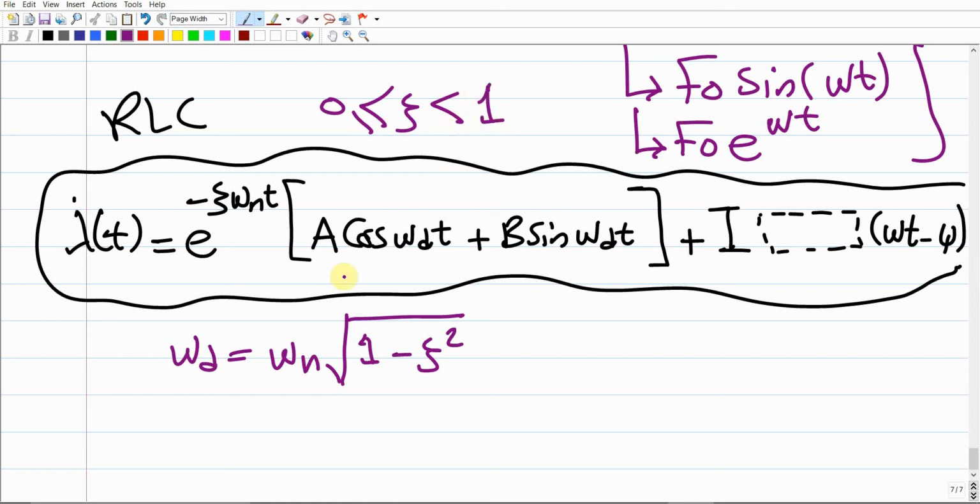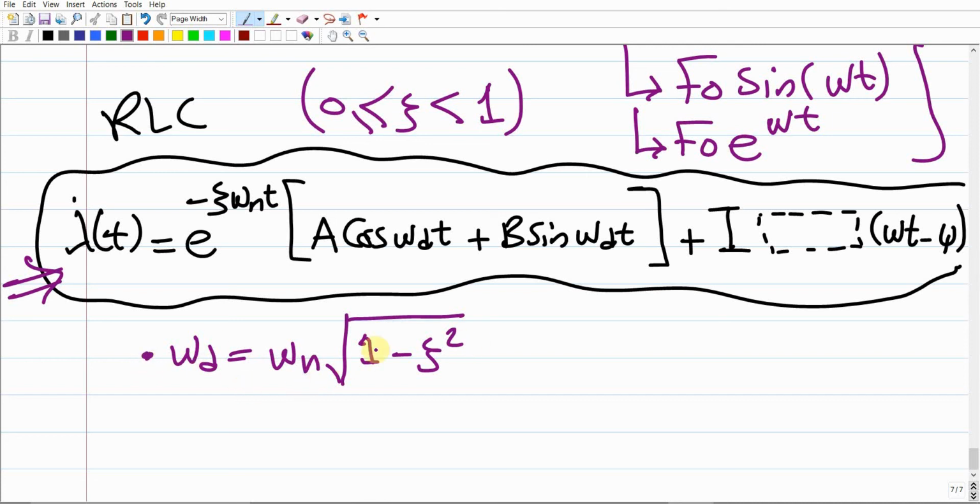Even if it is 0, you can plug xi equals 0 here and you're going to end up with the corresponding value for the undamped system. But for the case that we have an underdamped system, this is going to be the general solution for the current, and this is what we are going to focus on and consider through this course.